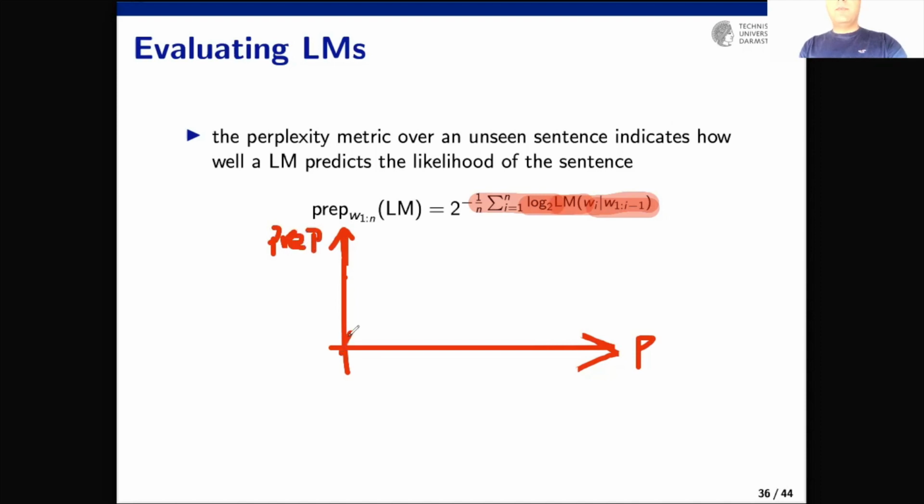When the probability is 1, the perplexity is 1, so we are here, right?